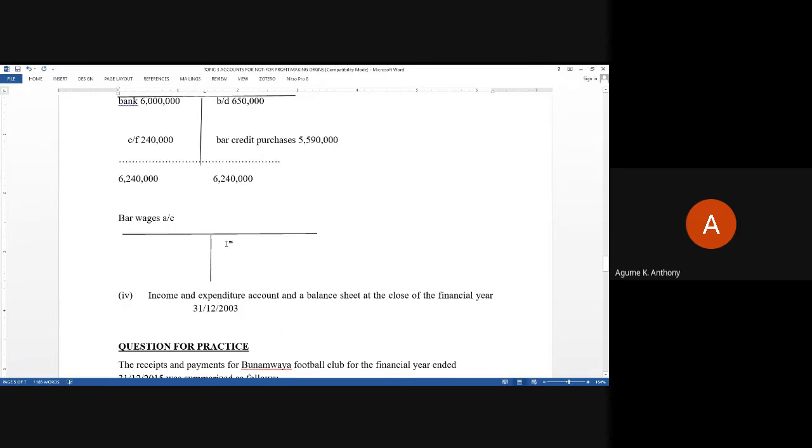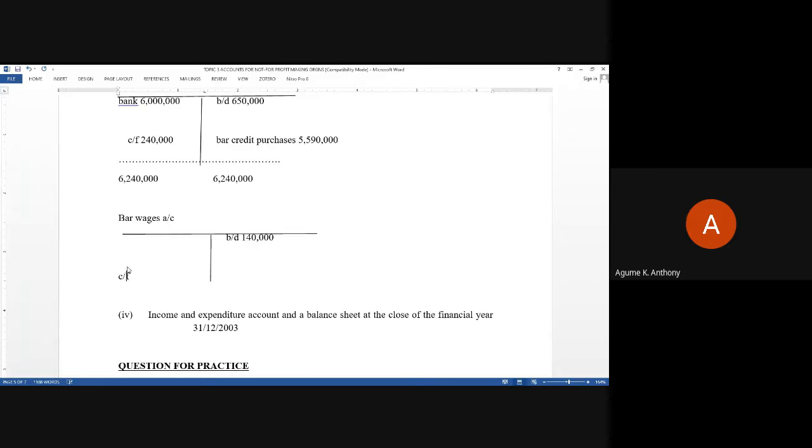I have the balance brought down. It will appear on the credit side. Why? Because it's a liability. If it was prepaid, it would appear on the debit side, because it is a current asset. So this brought forward is 140. Then carried forward is 130.